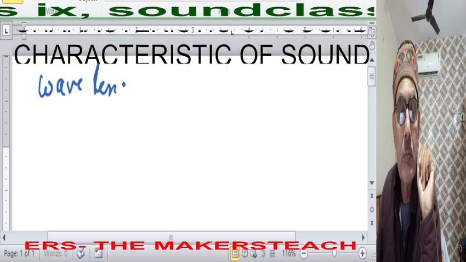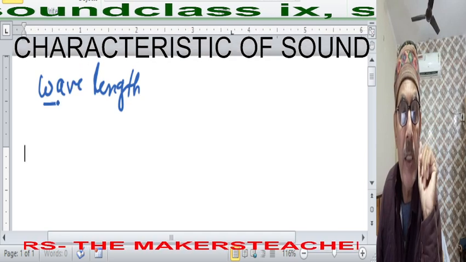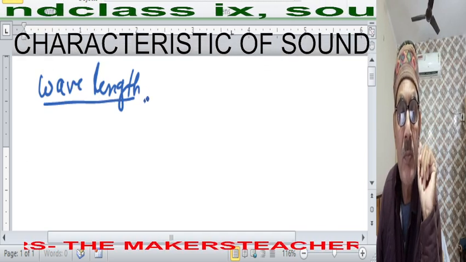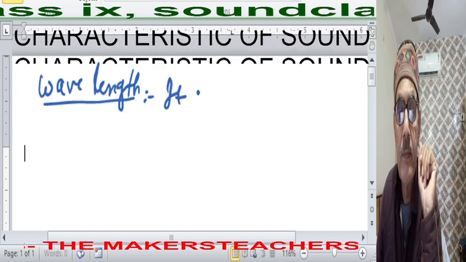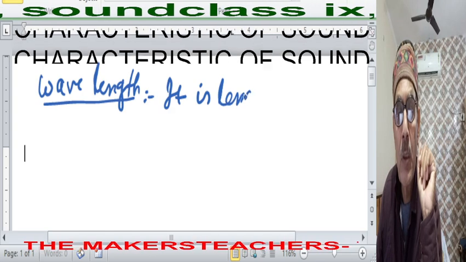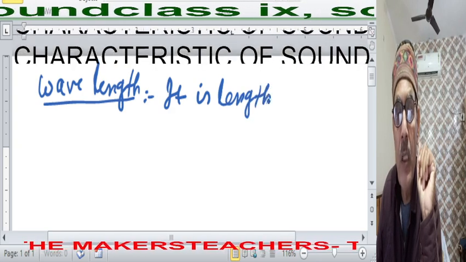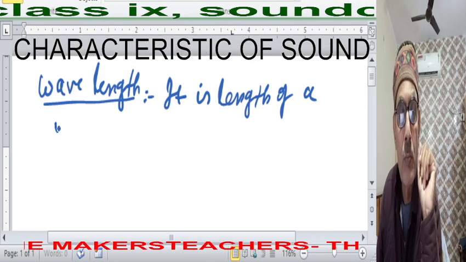Wavelength, as the name suggests, is the length of a wave.